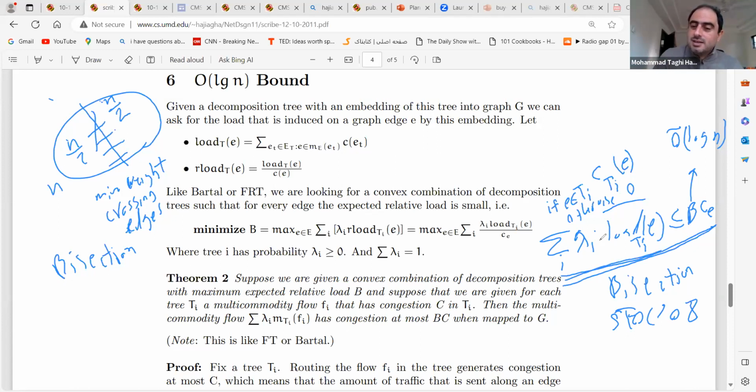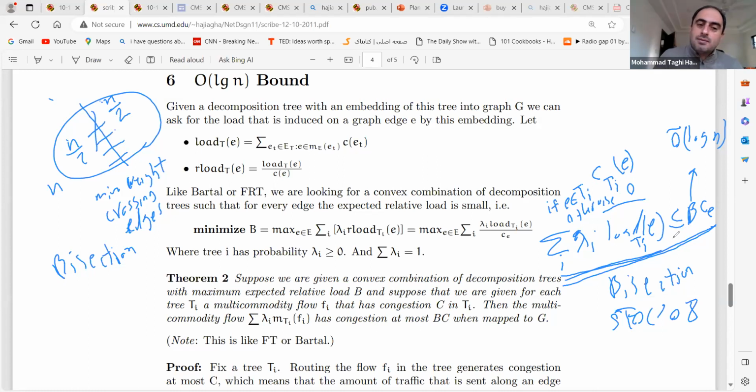This is the expected load. So what does it say? It says the expected load on this tree is at most beta times the capacity of the edge e, with this definition of capacities. So we can do that.